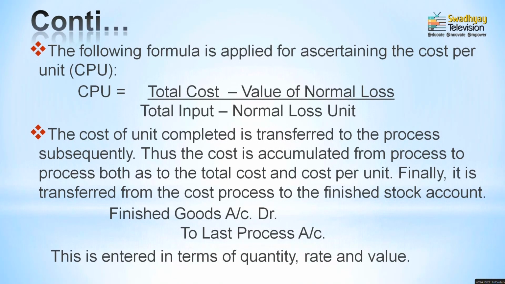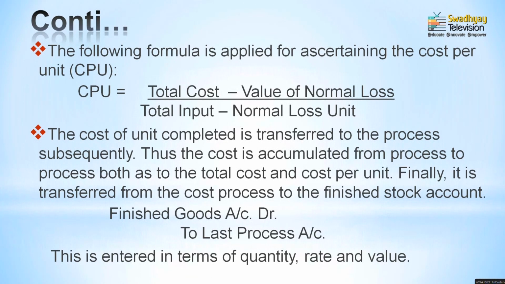See, the formula is very clear: the total cost minus the value of normal loss. How can you identify the value of normal loss? The value of normal loss can be identified through the normal wastage units multiplied by the selling value or sales price of the normal wastage. In this way the value of normal loss can be identified, and it would be deducted from the total cost, divided by the total input.